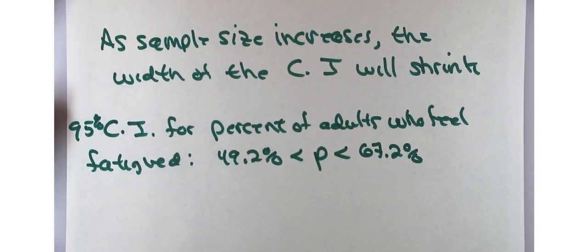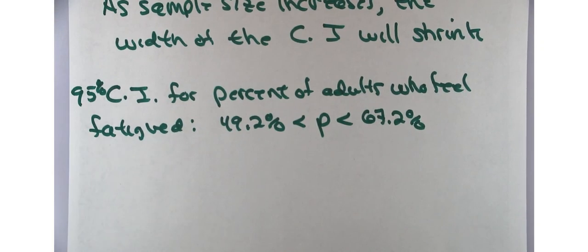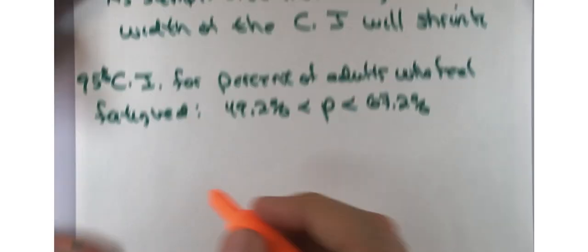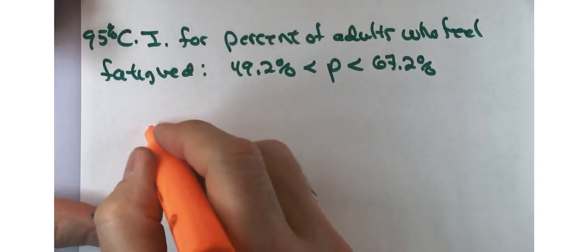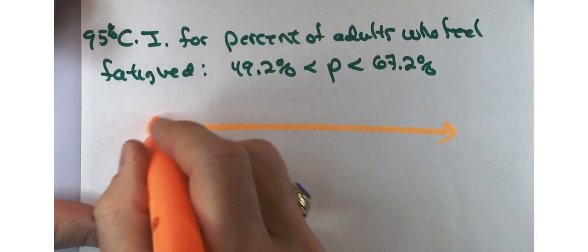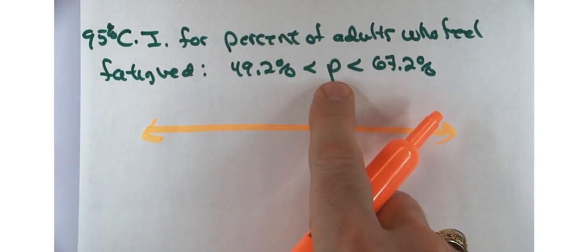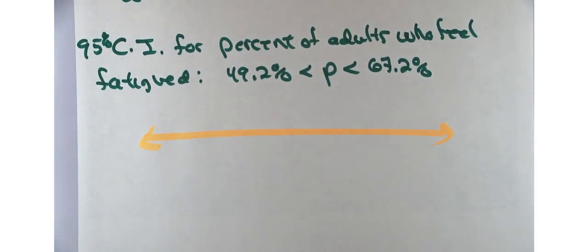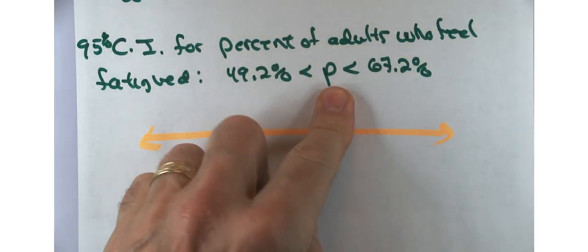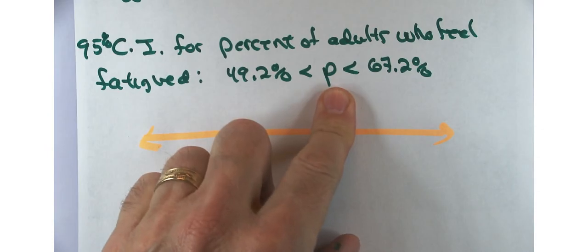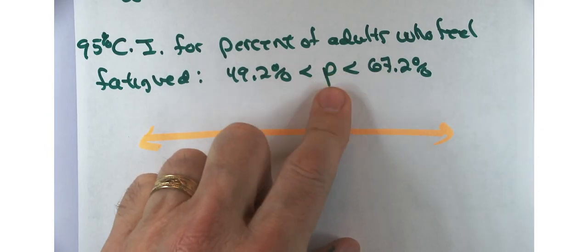Let's draw that out and try and understand that in a different way. Let me draw this on a number line. Notice in the middle here, I've got p and not p hat. Why do I have p and not p hat? We're trying to estimate this value.